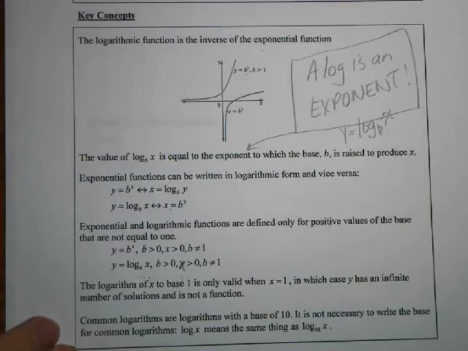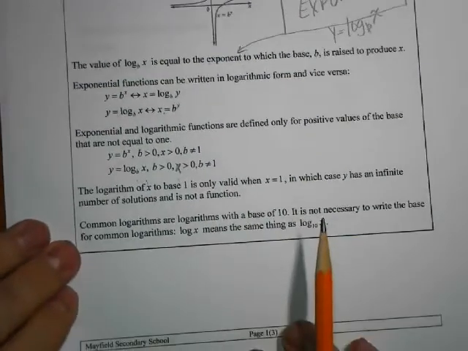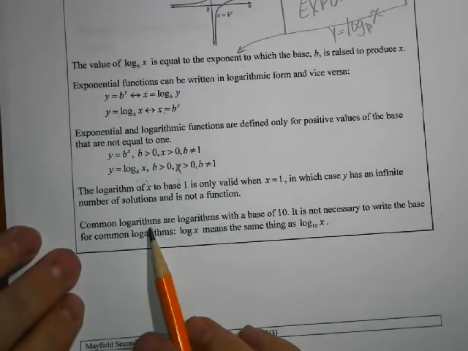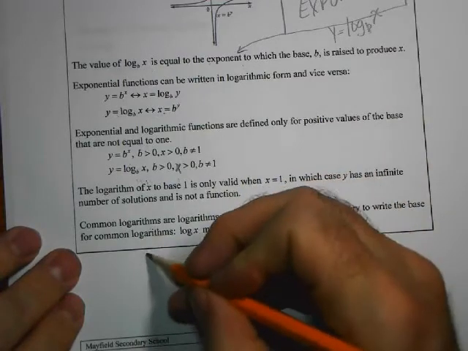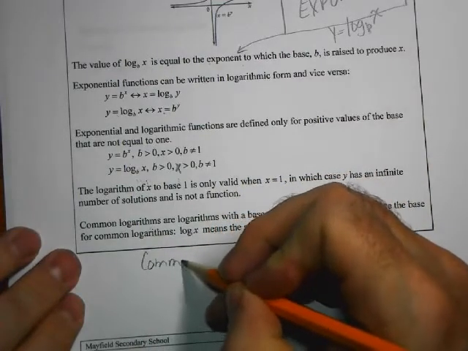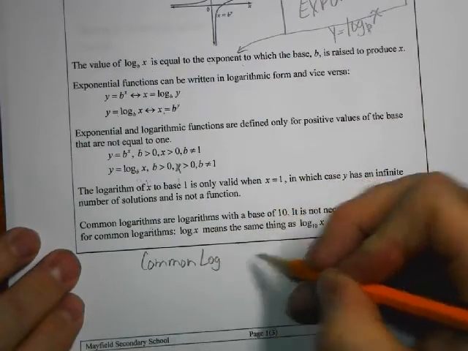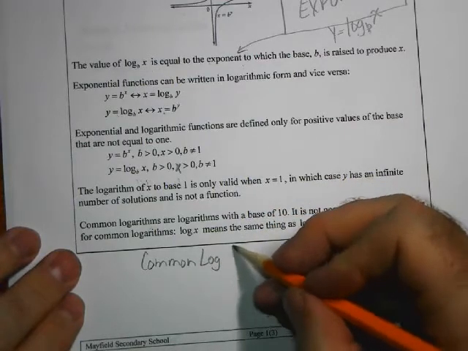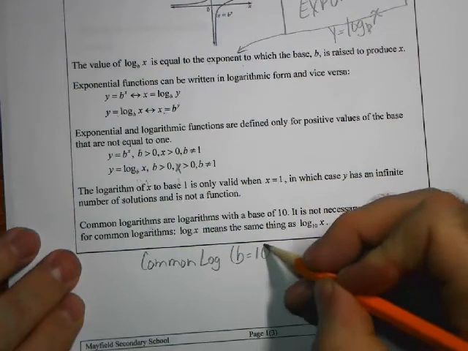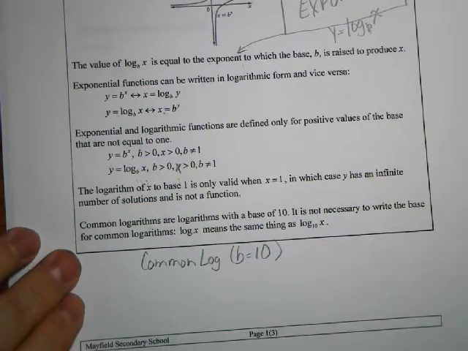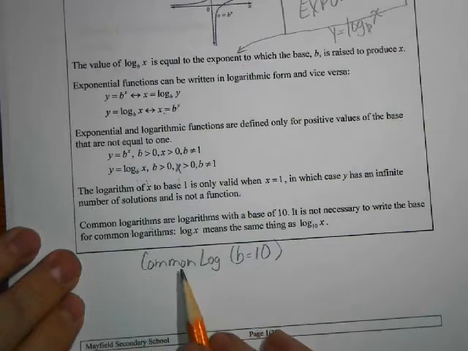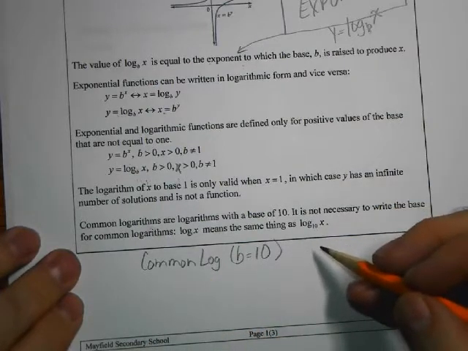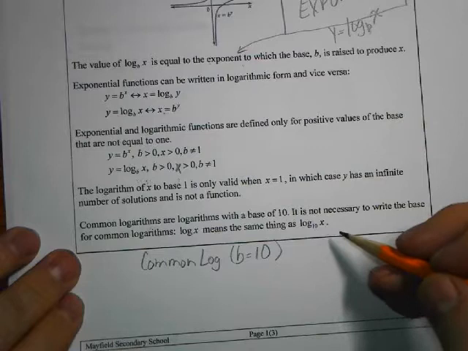Now we have a couple of special logs. We have a common log. A common log means it has a base of 10. So, common log or logarithm, the base equals 10. Since this is so popular, so common, we actually drop the base from the log.